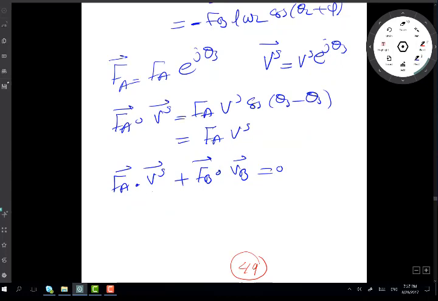FA, this term we just discovered, is FA times VS, plus, this will be negative over here, FB L ω2 cosine(θ2 + φ), that's equal to 0.